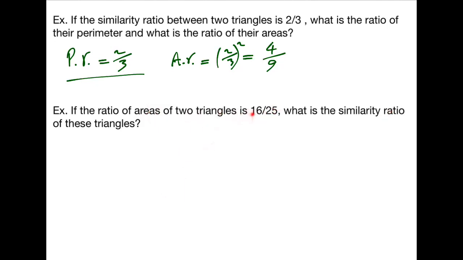So if you have the ratio of areas and you want to find the similarity ratio, you should take the square root of this number. So the similarity ratio equals the square root of this number, which is 4 over 5. So the similarity ratio of these two triangles must have been 4 over 5 so that the area ratio becomes 16 over 25.